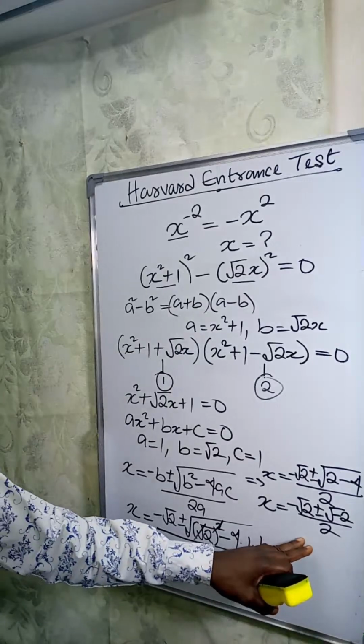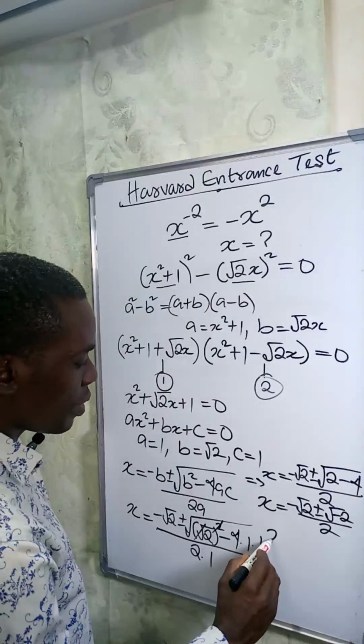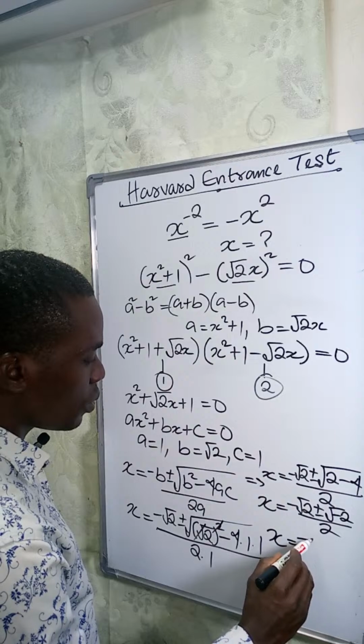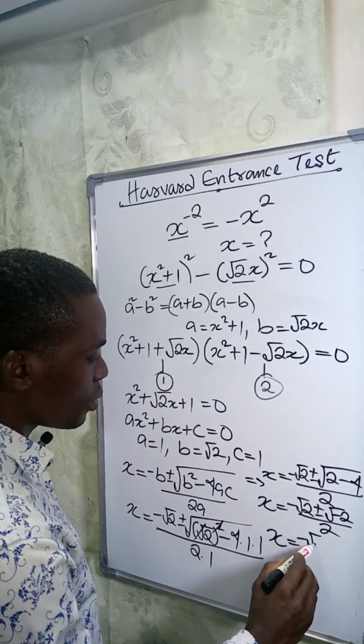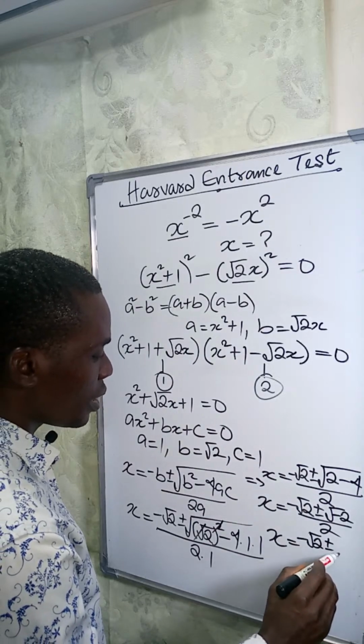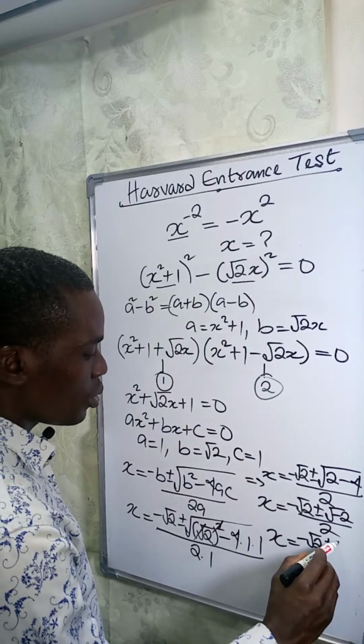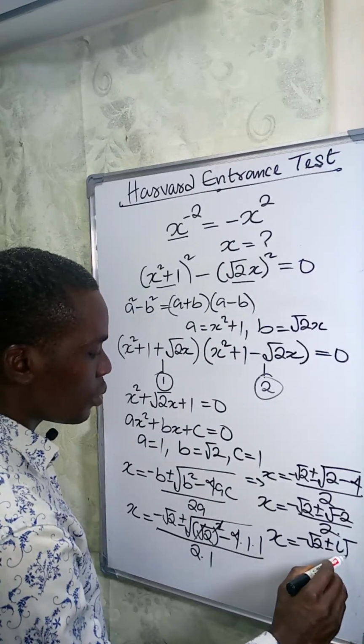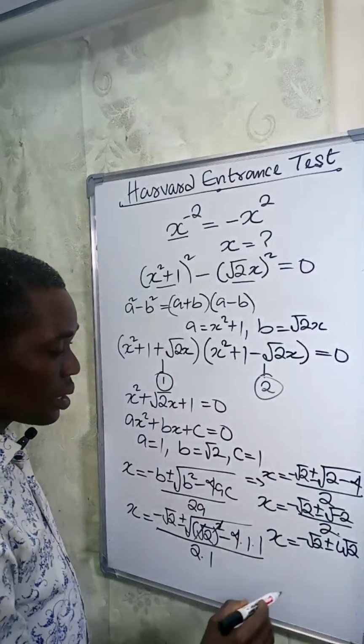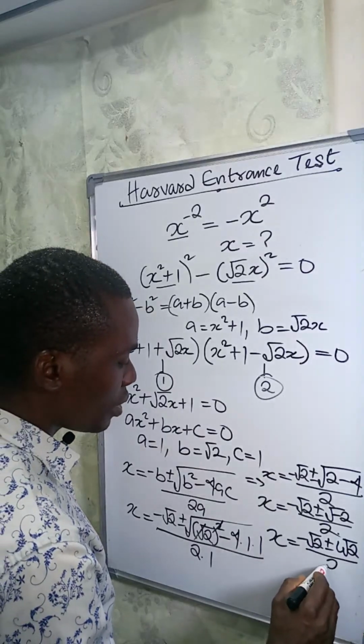Now what do we do from here? The square root of negative 2 is going to give us i square root of 2, all divided by 2.